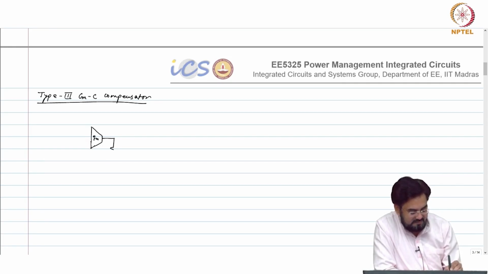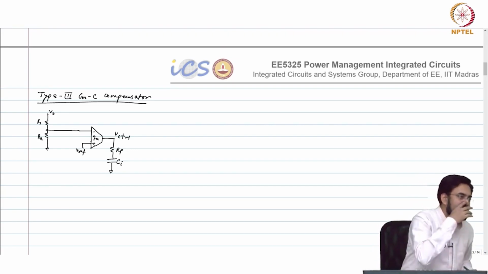GM, if I call it CI, RP, R1, R2, this was V out, this was CTRL, negative feedback. And this will be your Vref, but for a small signal, this Vref will be ground.